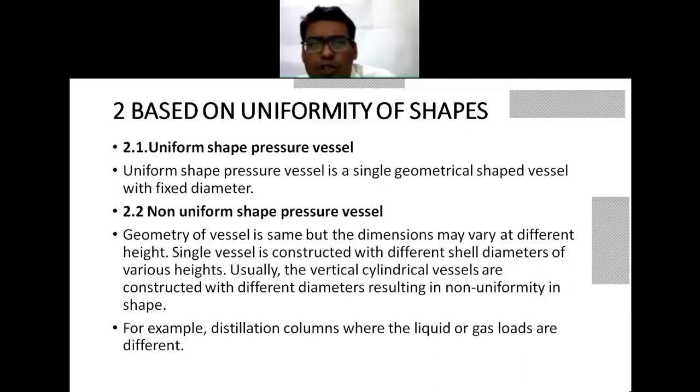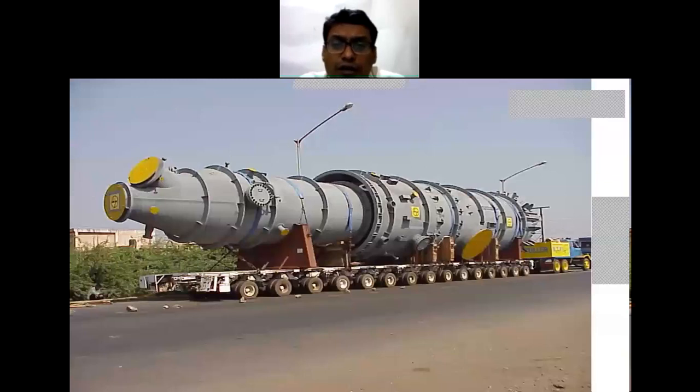That can also be one classification. A uniform shape pressure vessel is a single geometrical shaped vessel with a fixed diameter, and in a non-uniform shape pressure vessel the geometry of the vessel is the same, but the dimensions may vary at different heights. So a single vessel is constructed with different shell diameters at various heights, which we have already seen in this figure.